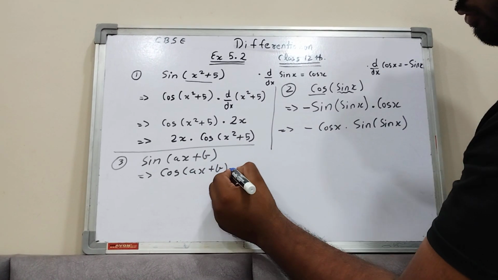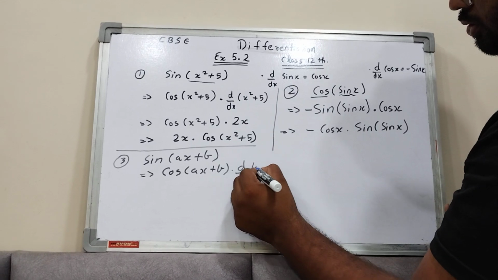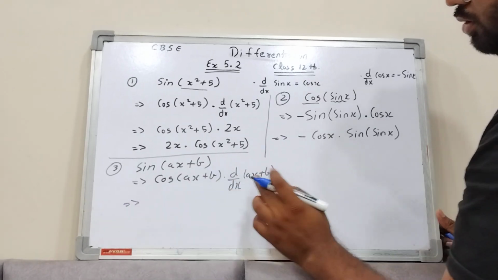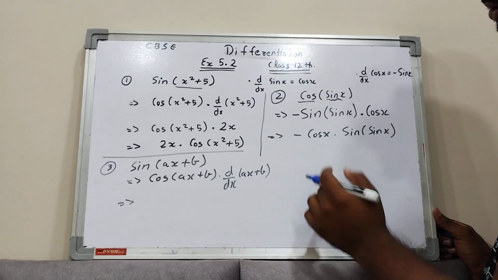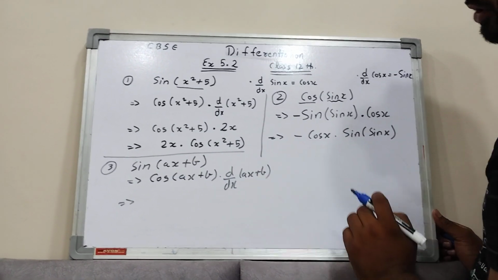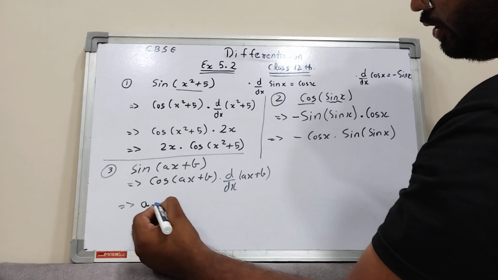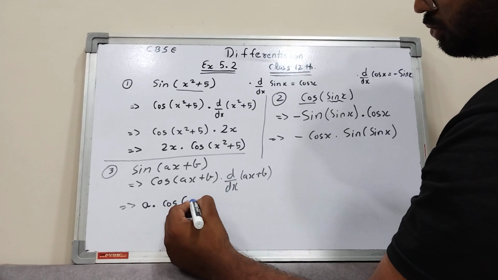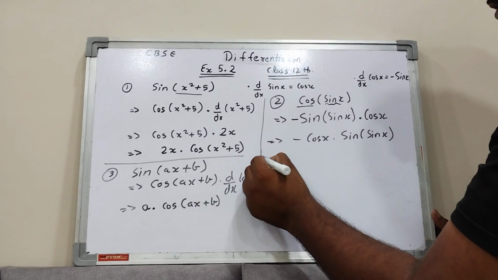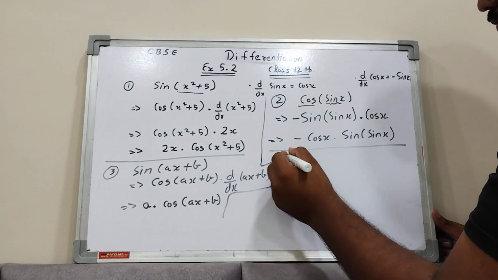And now we have to do the differentiation of the extra part, that is ax plus b. The differentiation of b will be 0 because it's a constant, and the differentiation of any constant is 0, and the differentiation of ax will be a. So I can simply write a times cos of ax plus b.